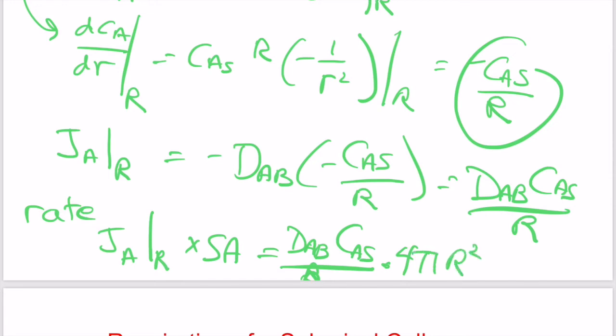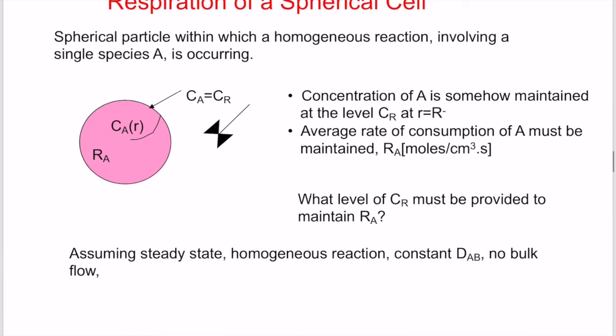Okay, and you can pretty that up. This cancels, so you've got 4 pi big R times diffusivity times CAS. I shouldn't have tried this. All right, and that's as far as I'm going to take that one.